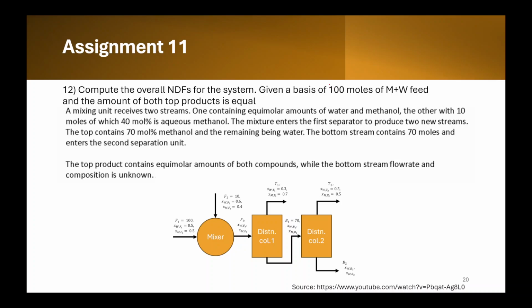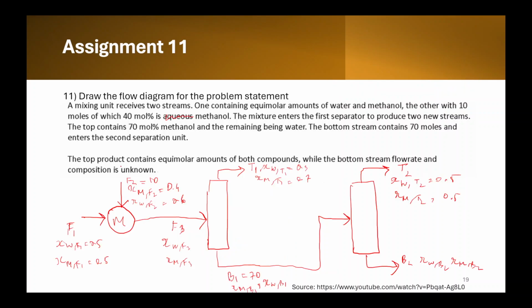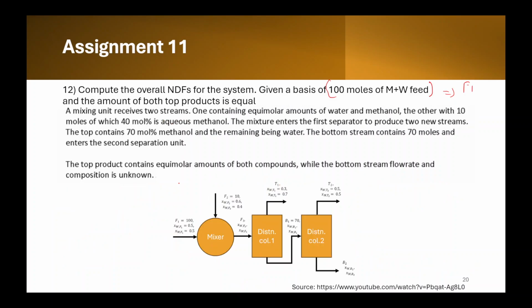What this means is that F1 is equal to 100, because F2 is given to us as 10. We know this from the given question. And the amount of both top products, T1 and T2, is equal, so T1 is equal to T2. Okay. So we need to compute the overall NDFs. If you see, we need to draw this boundary again.